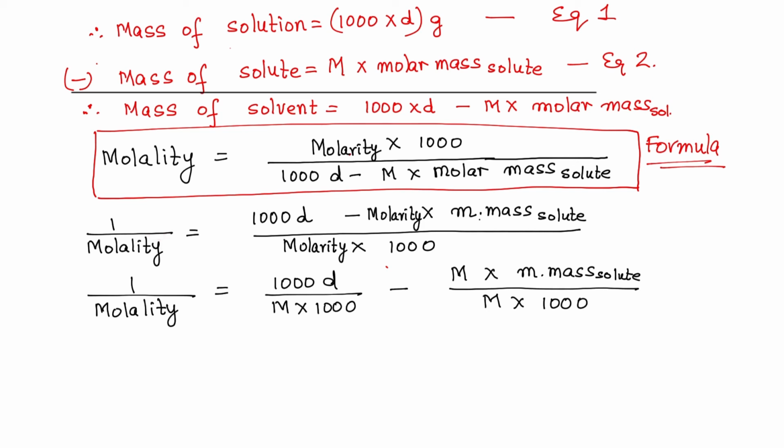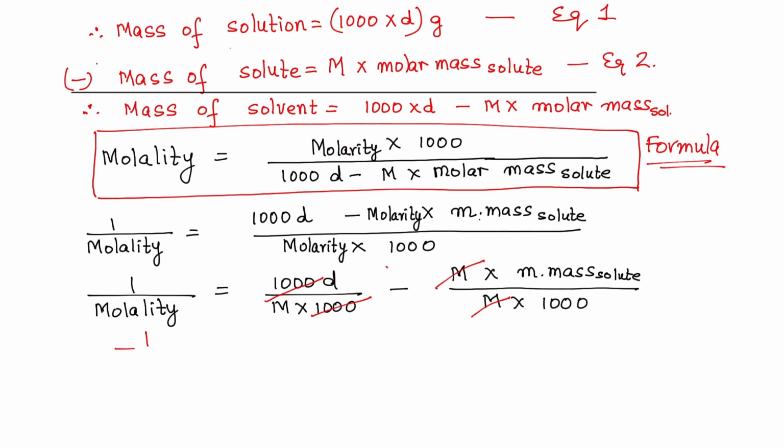Alternately, as I said, we flip this and divide each of these by molarity into 1000. So if I divide 1000 into D by molarity into 1000 minus molarity into molar mass of solute divided by molarity into 1000. So again, I can do away with the 1000 over here and molarity over here.